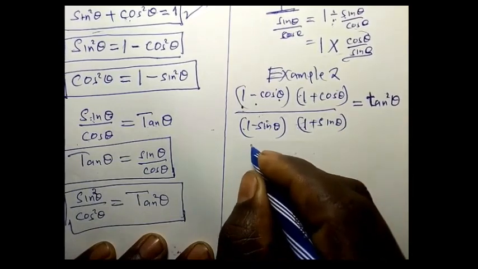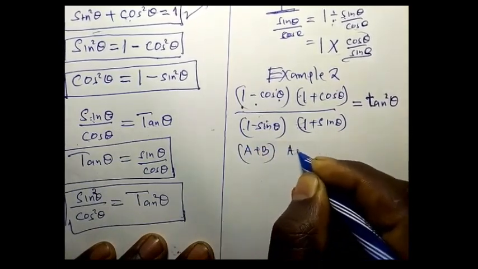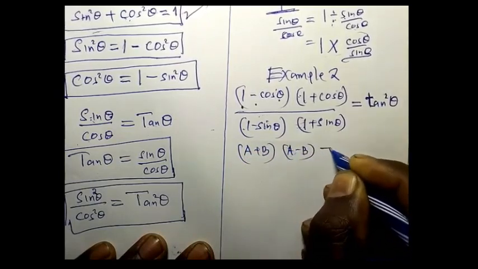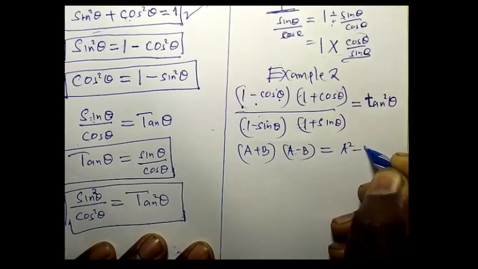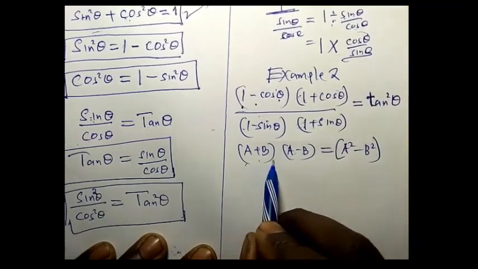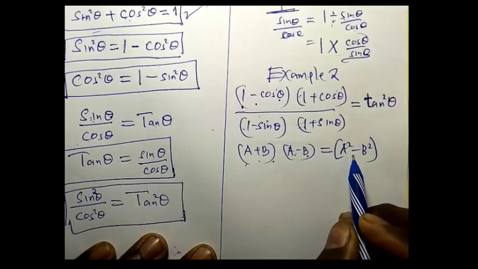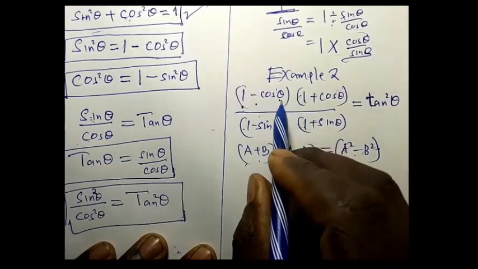Remember in form 2 we learned that a plus b times a minus b is simply a square minus b square. You remember this? So a plus b, a minus b equals a square minus b square. So what do we have here?